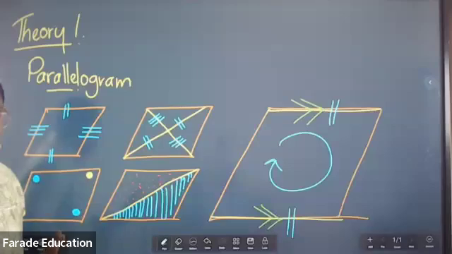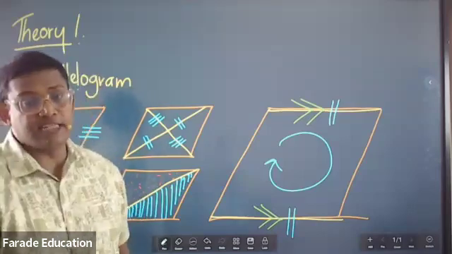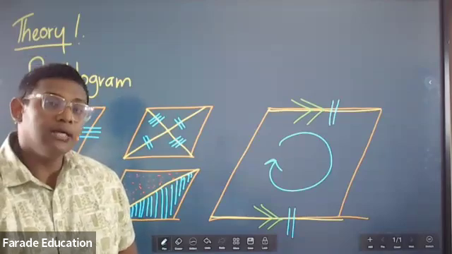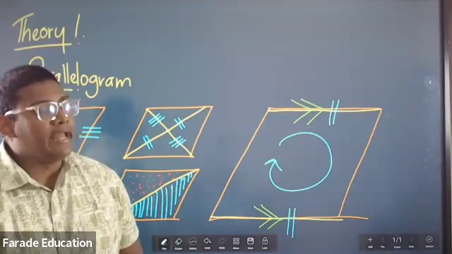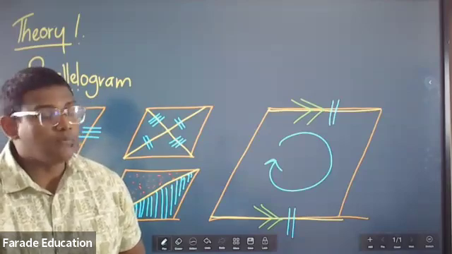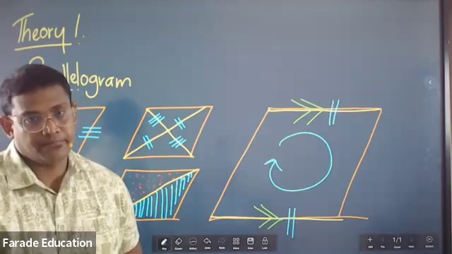You don't have to prove all 4. No. There are 2 pairs, and you don't have to do it for all. If you can prove only one pair of opposite sides are parallel and equal, you can say it's a parallelogram. As I told you, more than 85 to 90% of the past paper questions are asking for this theory.